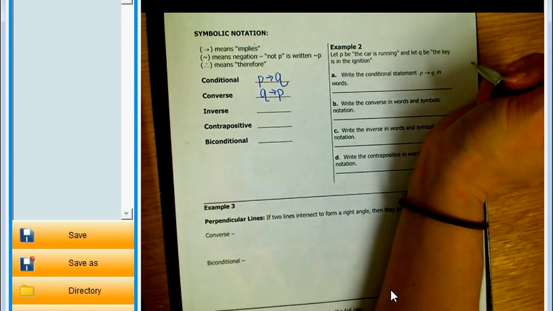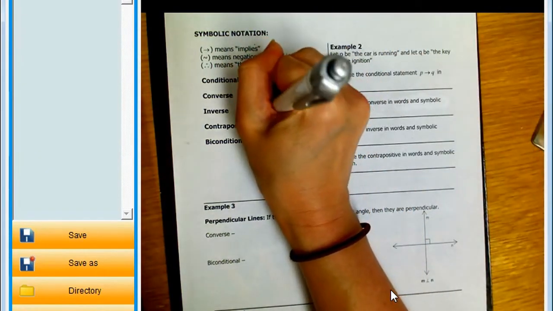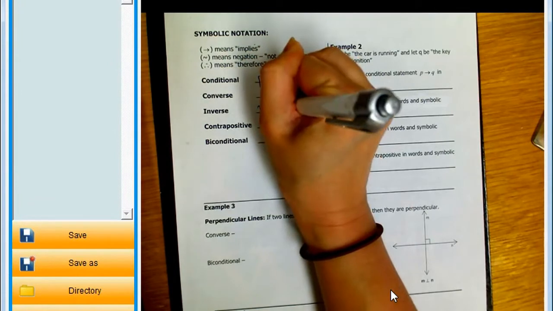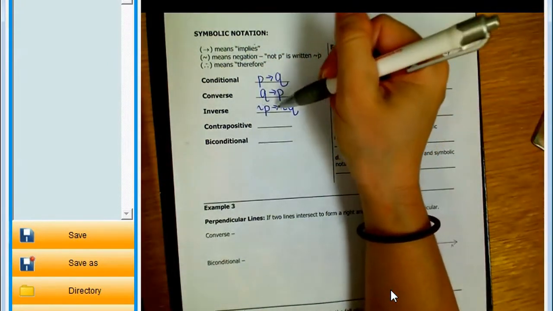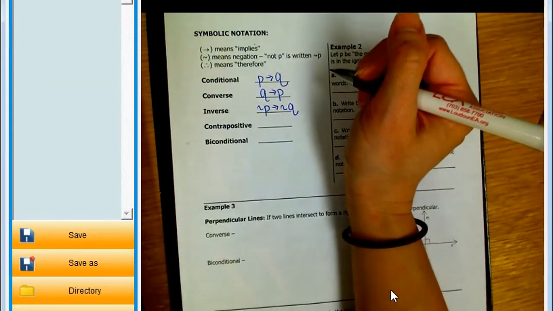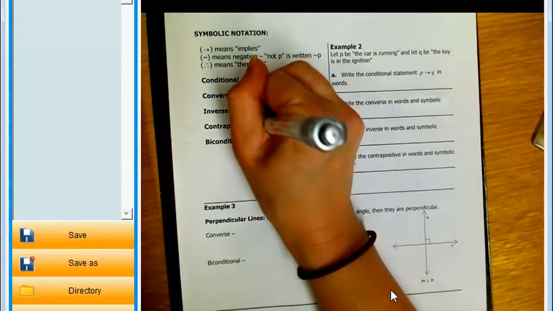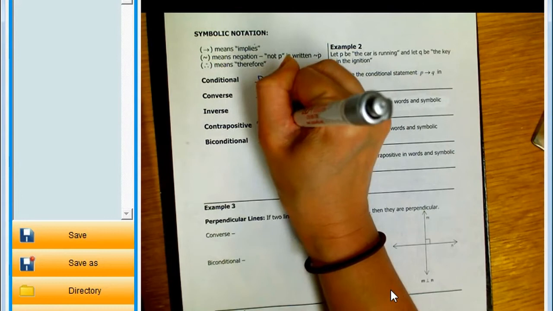For the inverse, we are going to negate the hypothesis and negate conclusion. So we read not P implies not Q. All right, for contrapositive, we are going to flip and negate. So not Q implies not P.